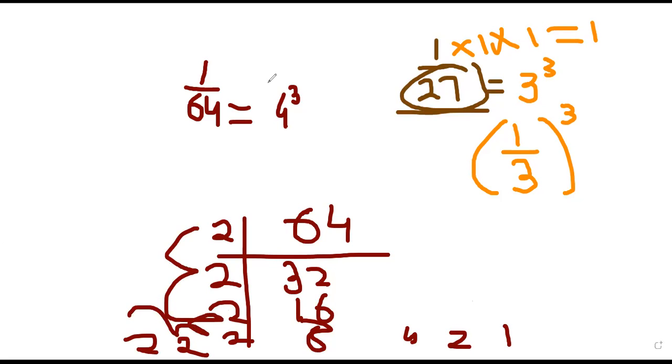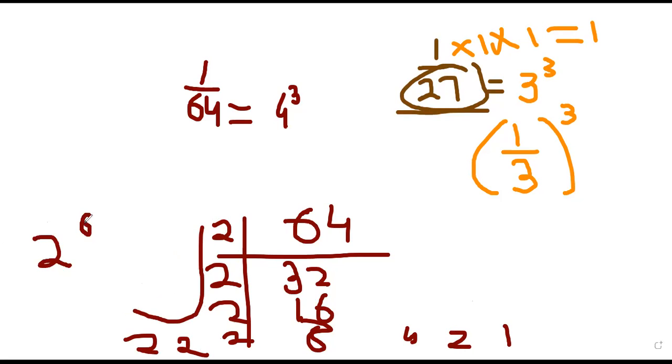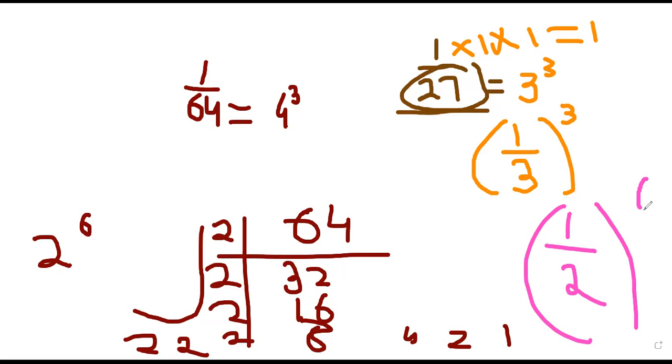Okay. So now here we have 6 times 2. So we can write 64 as 2 to the power 6, so it is 1 by 2 whole raised to 6.